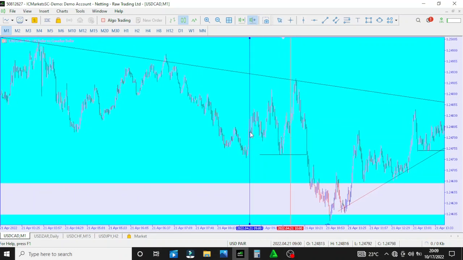Frankfurt opened right here. It went on to create this bullish move after this break of structure, but it manipulated this inducement.